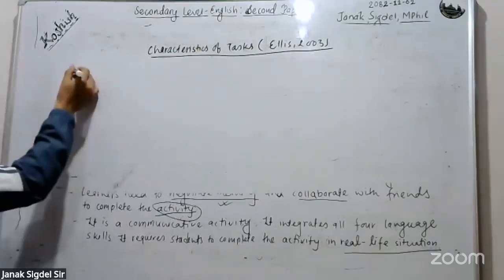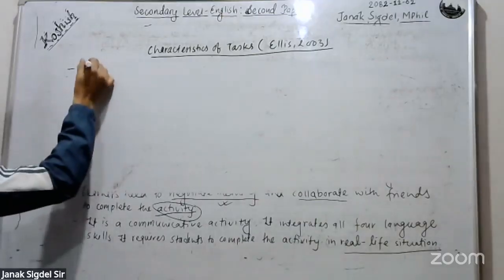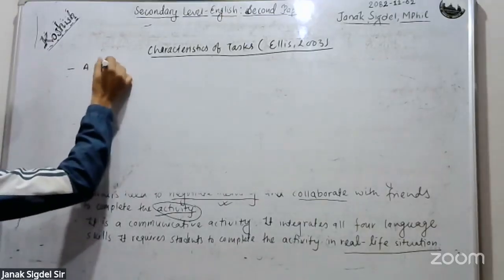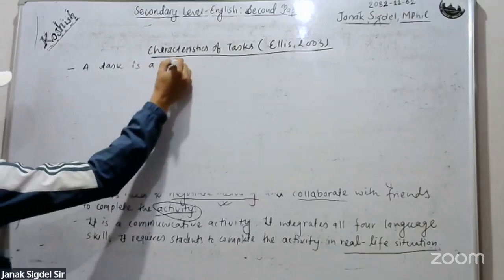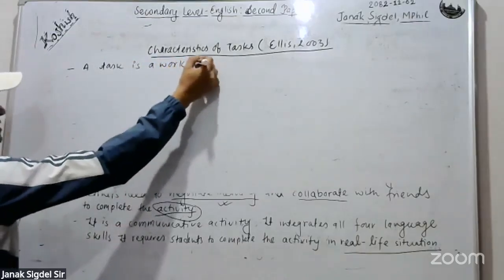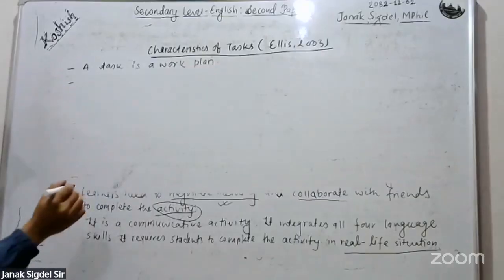I am following the concept of Ellis 2003. Ellis says that a task is a work plan. This is the plan for work, plan for activity.